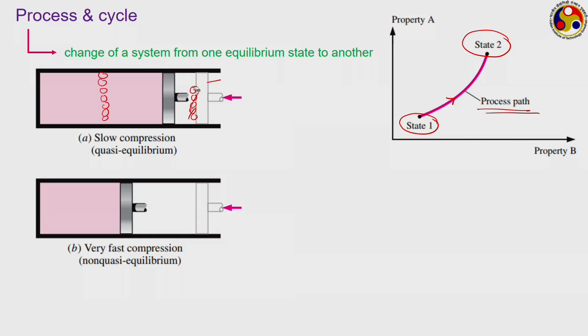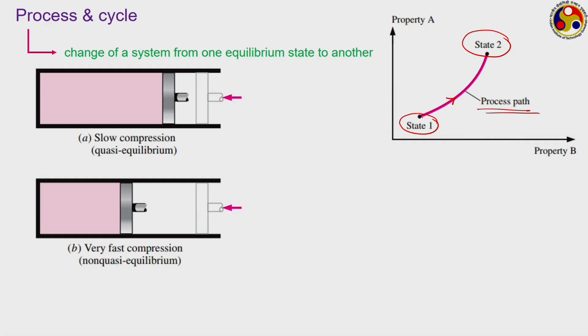However, if you move the piston very slowly, so that whatever additional pressure the molecules are sensing, they are immediately able to transfer to the surrounding molecules, then the pressure inside the system changes very smoothly, and hence we can identify almost all of the individual states in between.